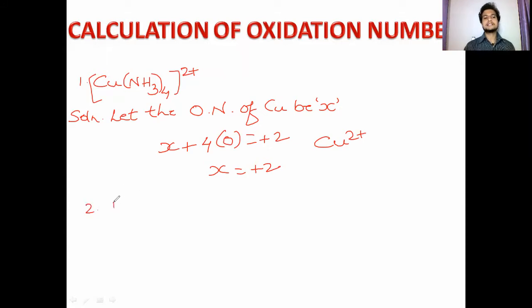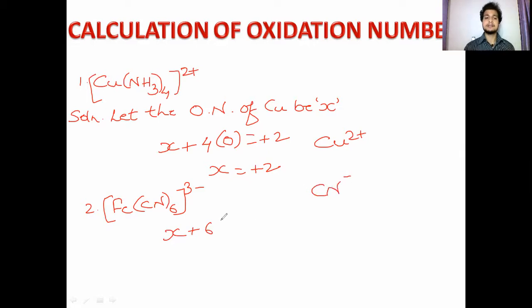Okay. Let me take another complex. Second one, let's say [Fe(CN)6]3-. Let us calculate the oxidation state of iron. Again, I don't know the oxidation state of Fe, so let the oxidation state of Fe be X. So X plus how many ligands? 6 of them. What is this? CN, cyanide, CN minus.